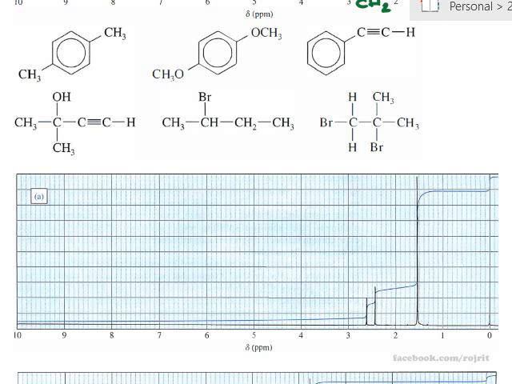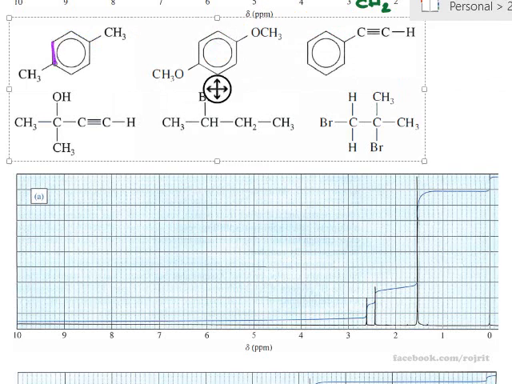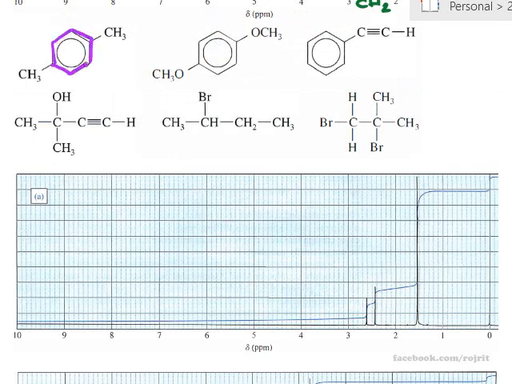So first of all, in graph A, you can see that we have 3 different types of hydrogen atom, right? But for the first molecule, you have just 2 different types of hydrogen atom. You have the purple color of the benzene ring containing 4 hydrogen atoms, and you have the pink color CH3.